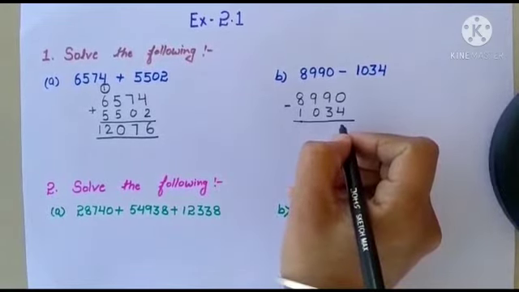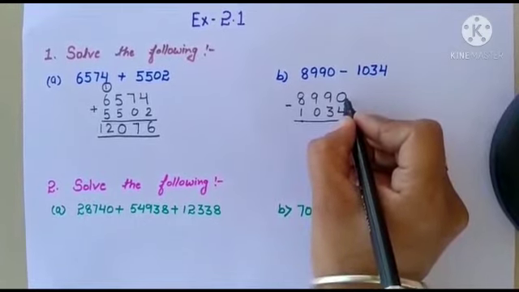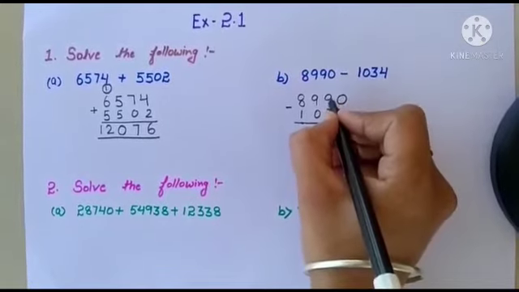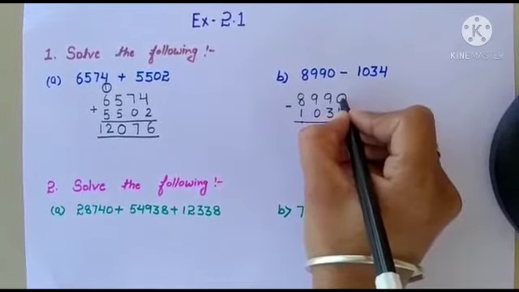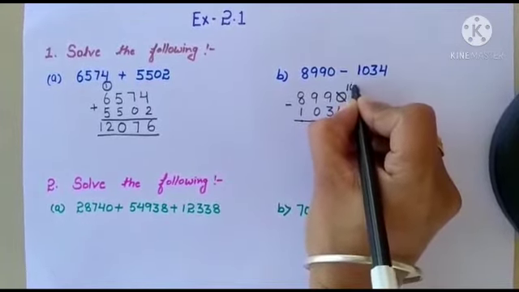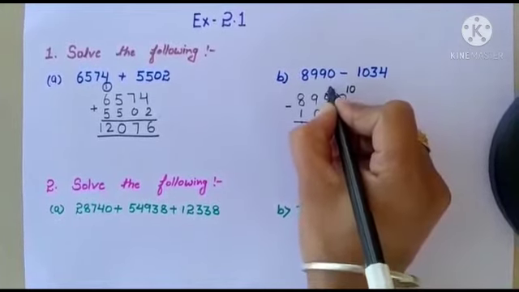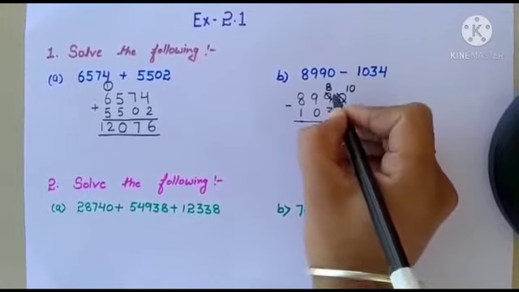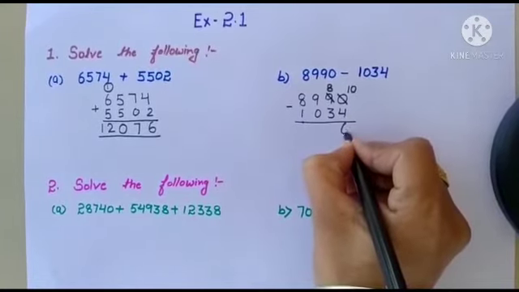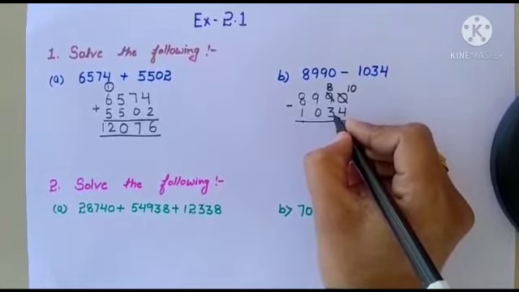We will do minus. How can we do it? Now here is 0, so it is smaller than 4. We will borrow from the next number. This 9 will give 1 to 0, so its number increases to 10. This 9 had given one to this, so one will be less here. It becomes 8. 10 minus 4, 6. 8 minus 3, tell me, count it.